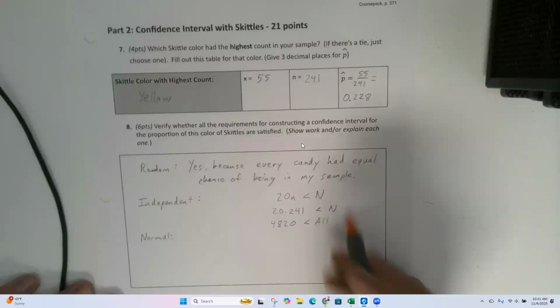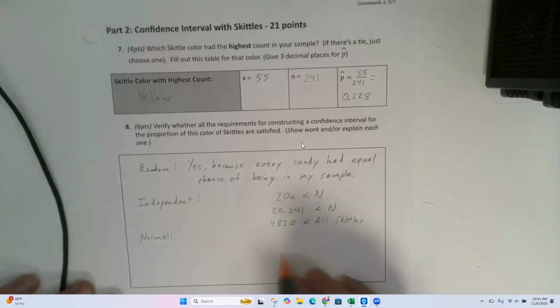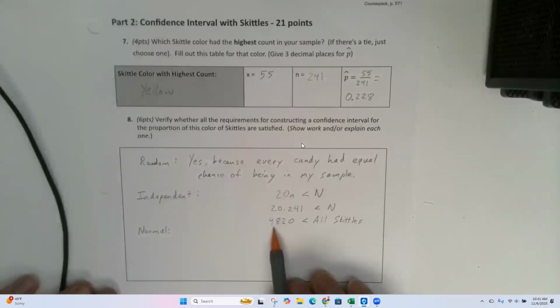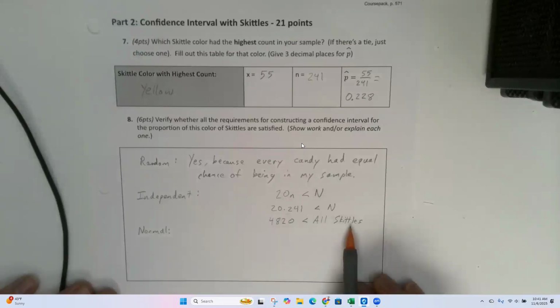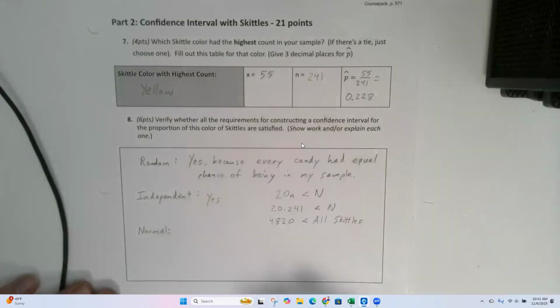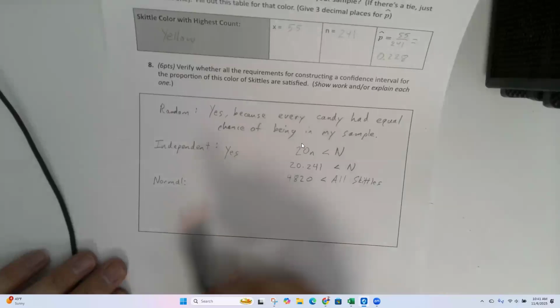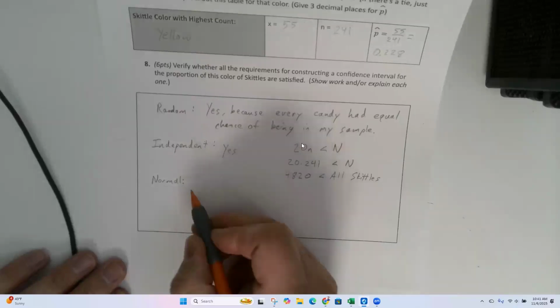And capital N here is the number of Skittles in the world. Is 4,820 less than the number of Skittles in the world? Oh yeah, it's way less, absolutely. So we definitely have that. Nobody went and bought 5% of the Skittles in the world. Nobody's that rich.